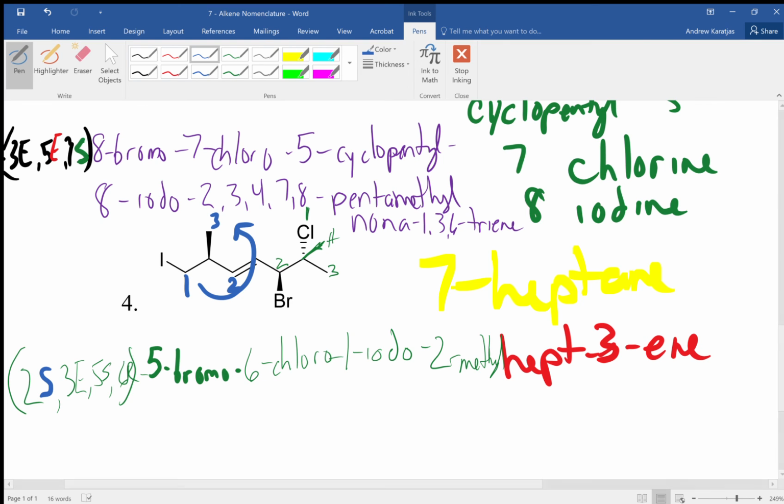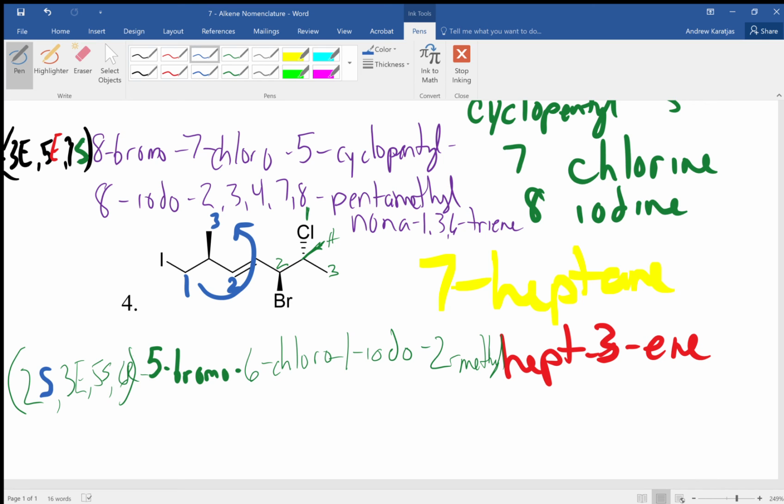So some complicated examples, but again, it's all of the same steps that we've been using over and over again. When you get one of these complicated examples like this, the real key to doing them well is to break them down and just go one step at a time.